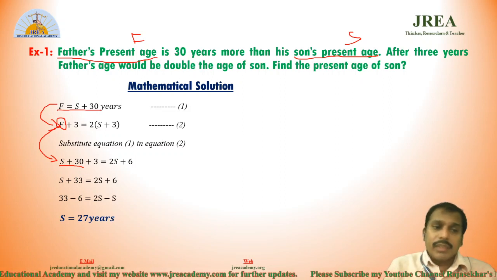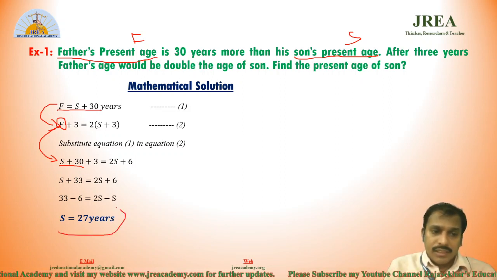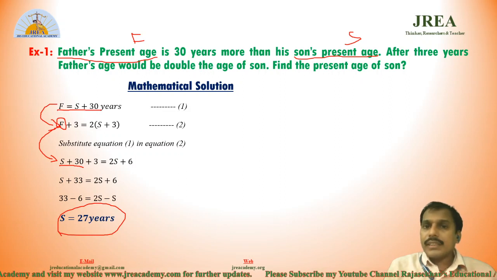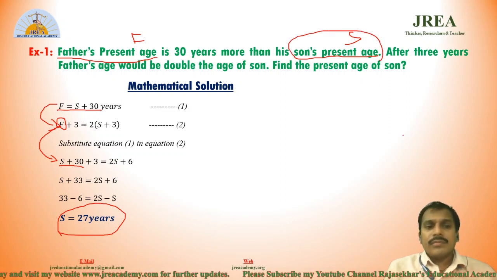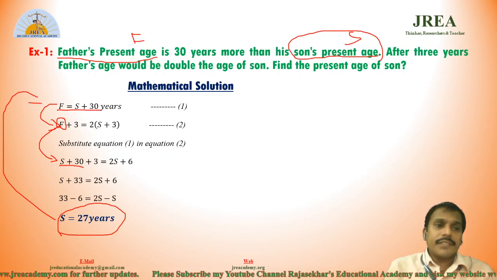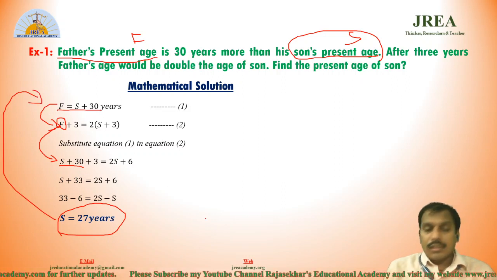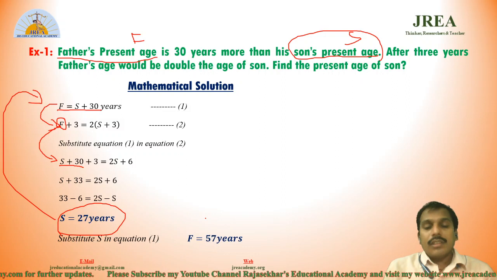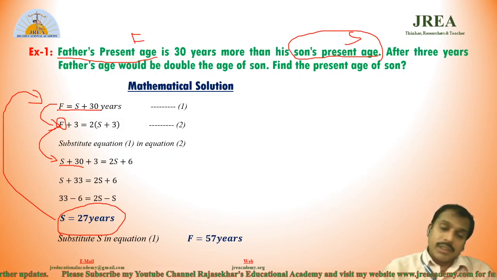S is the present age of the son. Now you got the answer. If you want to find the father's age, simply substitute this S value in equation 1. Then the father's age becomes 57 years. This is the solution in mathematics.